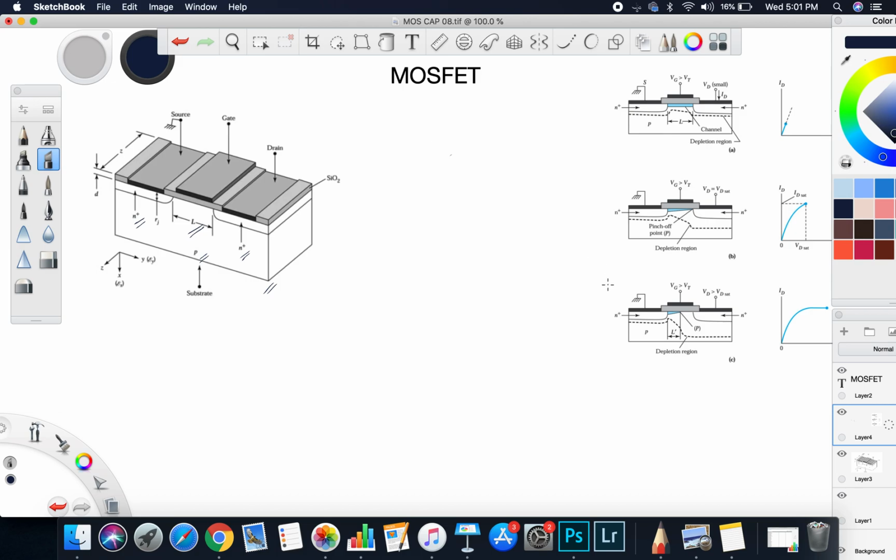Now, for this figure, we present a qualitative discussion of MOSFET operation. So let's consider that a voltage is applied to the gate, causing an inversion at the semiconductor surface. So if a small drain voltage is applied, electrons will flow from the source to the drain through the conducting channel.